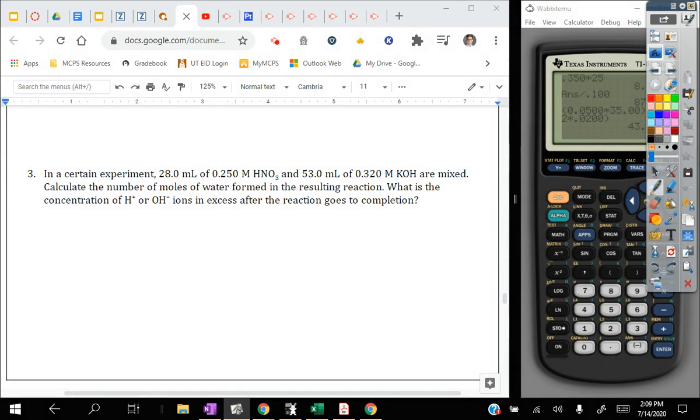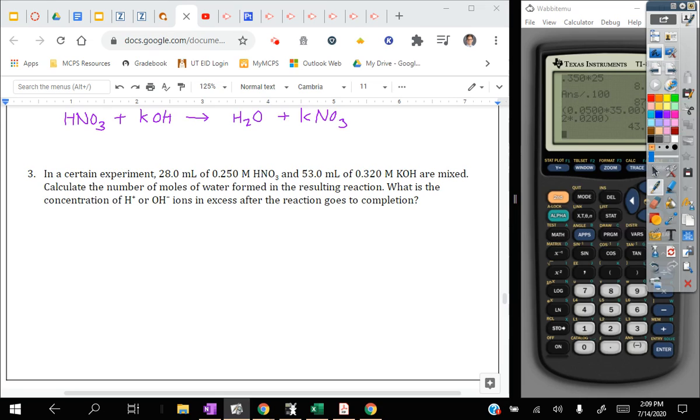All right, so this one we need a full balanced equation. I know in a neutralization reaction I will form water, and then my salt is KNO3.